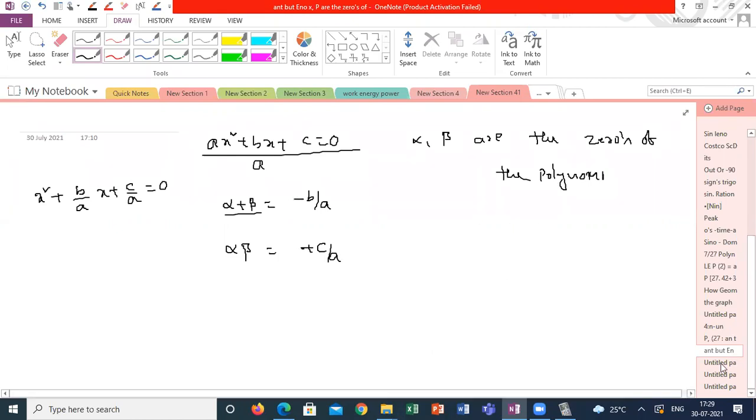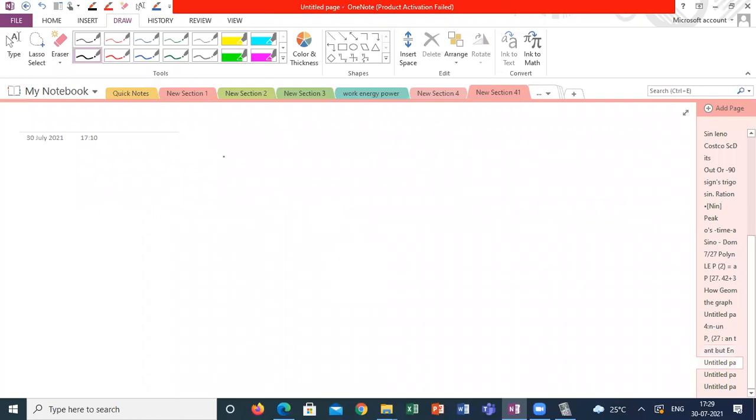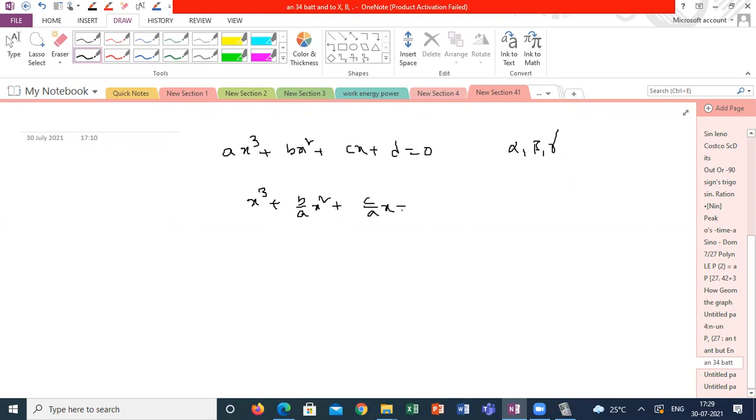In the same way, if I am discussing the relation between zeros of the polynomial for a cubic polynomial, ax cube plus bx square plus cx plus d is equal to 0, the zeros are alpha, beta, gamma. This can be written as x cube plus b by a x square plus c by a x plus d by a. Here many combinations will come. Alpha plus beta plus gamma, sum at a time.